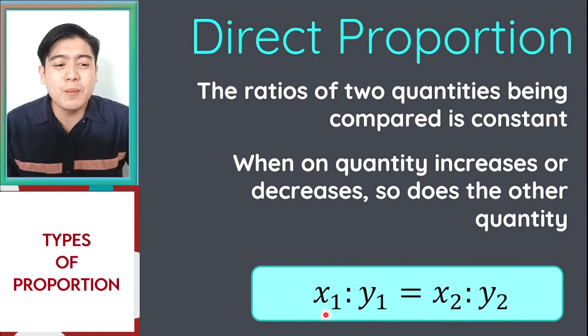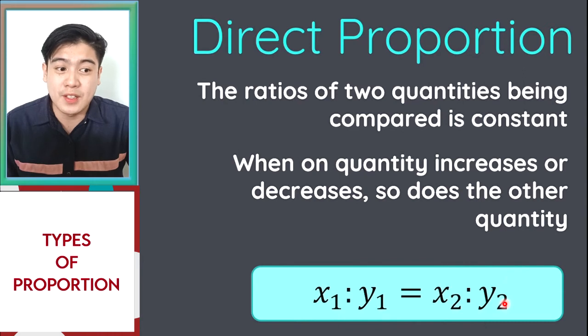So, itong X sub 1 and Y sub 2, yan yung extremes, yung nasa outer side. And yung nasa inner side ay Y sub 1 and X sub 2. So, we have to find the product of these two values, the extremes and the means, and equate it para malaman mo yung missing value.